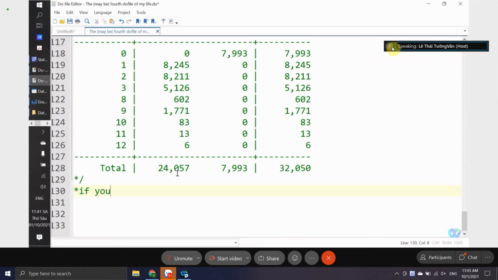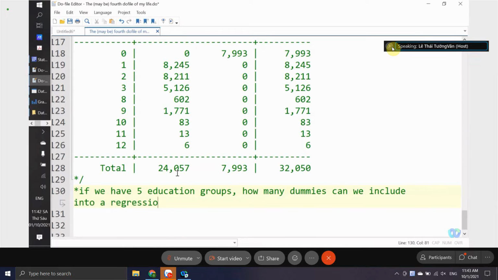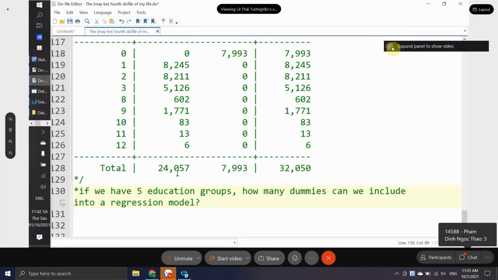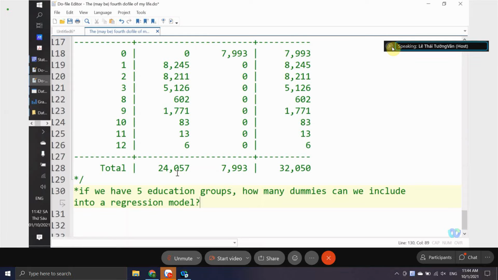Now, if we have 5 education groups, how many dummies can we include into a regression model? 4. Okay. Thanh Thủy is saying 4. Now, Thanh Thủy, can you explain why 4?